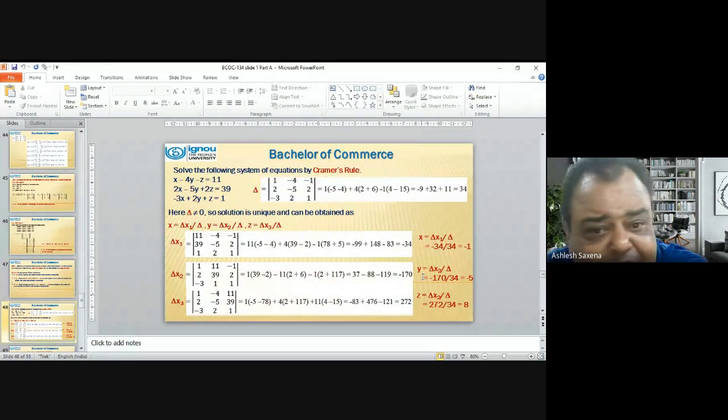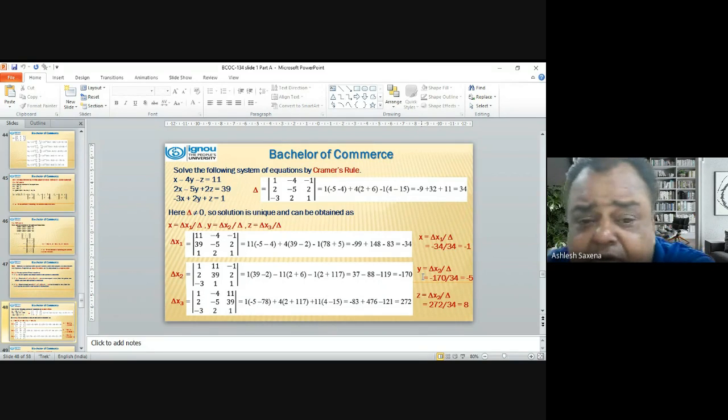Here comes how. We have a 3 by 3 system of equations, which means we have three variables, x, y, z. We will be picking up the coefficients of these equations in the same order in which they have been given in the problem. Your delta is 1, minus 4, minus 1, 2, minus 5, 2, minus 3, 2, 1.